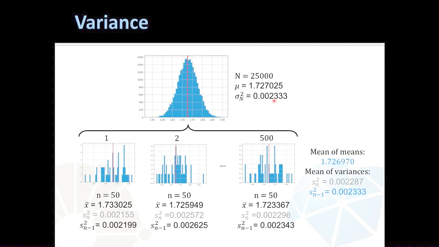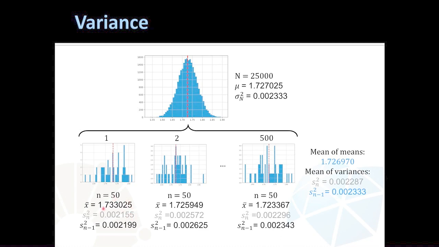Now, suppose that I have a lot of samples of this population. Here I have 500 sets, and in each set I have 50 samples of this population. Well, in each set I can calculate the mean and the variance, and the mean and the variance of the sets are not exactly the same as those of the population.